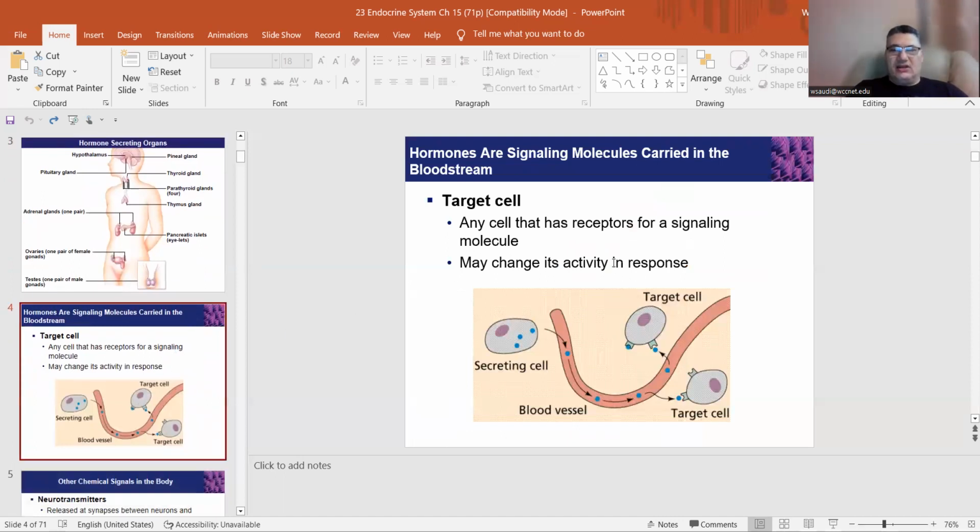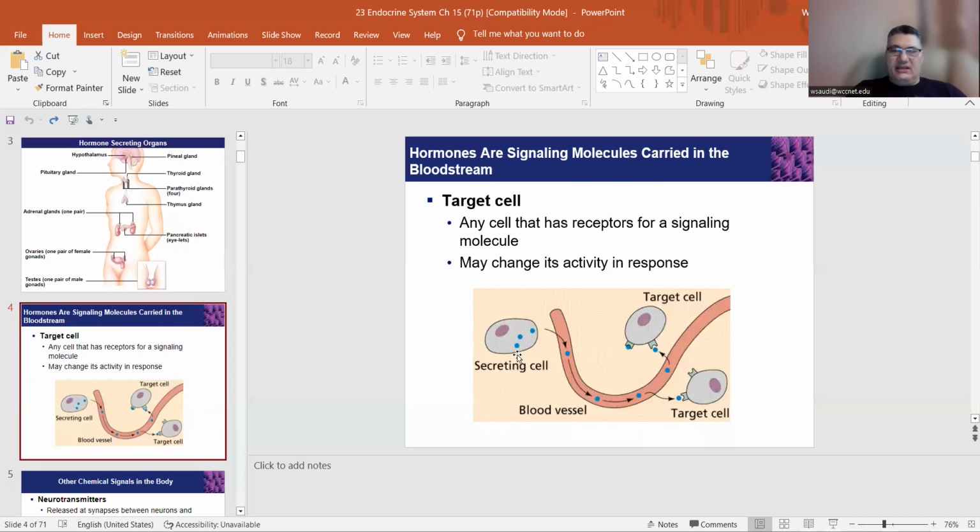So what are the target cells? Target cells are the cells that have receptors for these signaling molecules. What does that mean? It means this is a target cell. This is a target cell. There are receptors on these target cells.